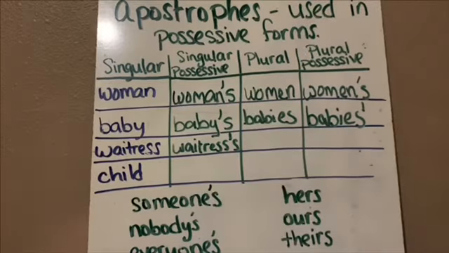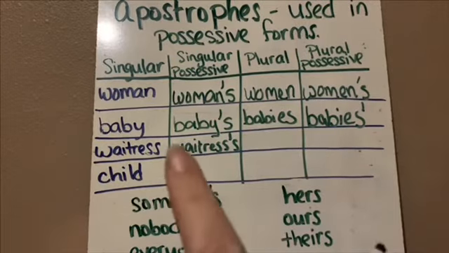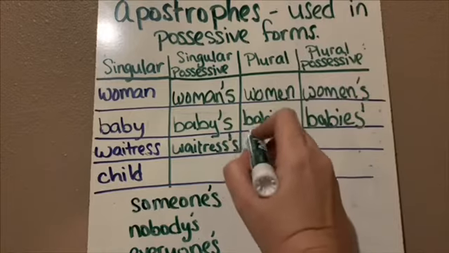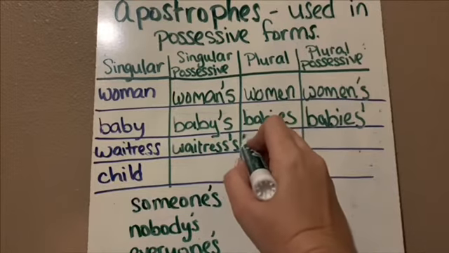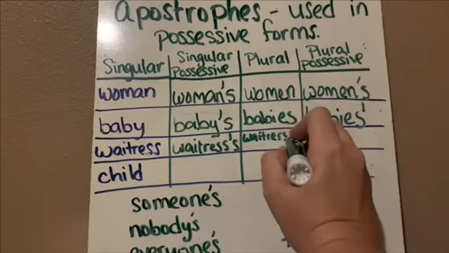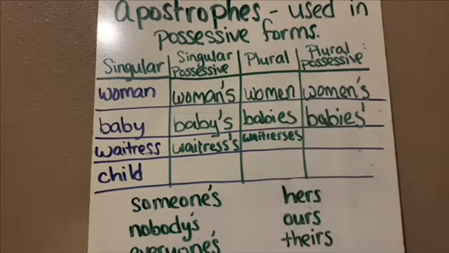Apostrophe S, okay? So waitress's, one waitress, her table. Plural of waitress is waitresses. See if I have enough room. So I'm going to add an ES to the end, okay? It's really hard to read that, I'm sorry.